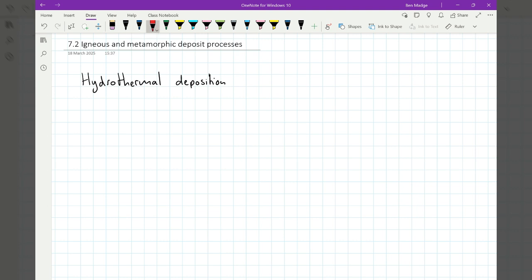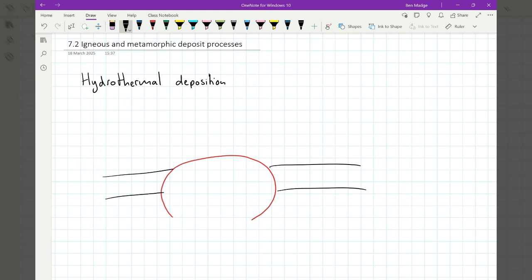What we find is we have igneous intrusions into local country rocks, which are like the normal sort of generally sedimentary background rocks in the local area, under our crust.